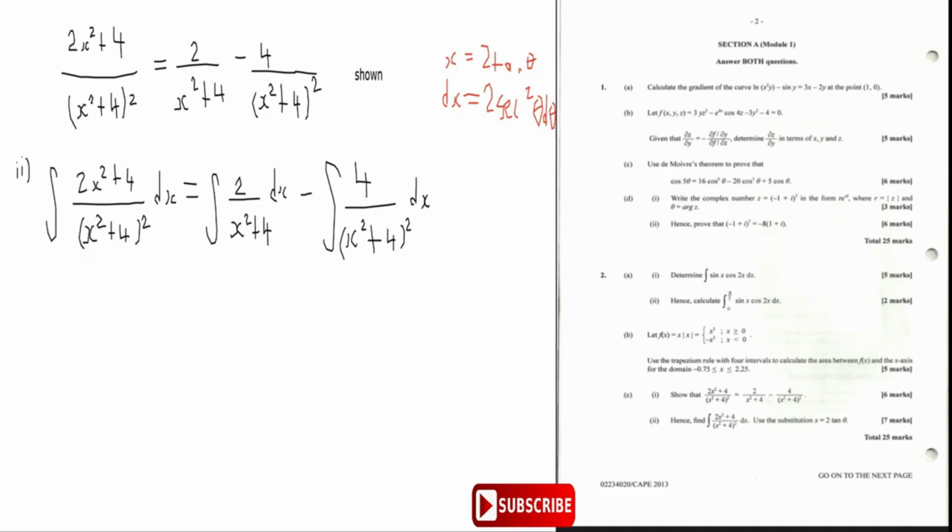Replacing x with 2 tan theta, it works out to be the integral of 2 times 2 sec squared theta.